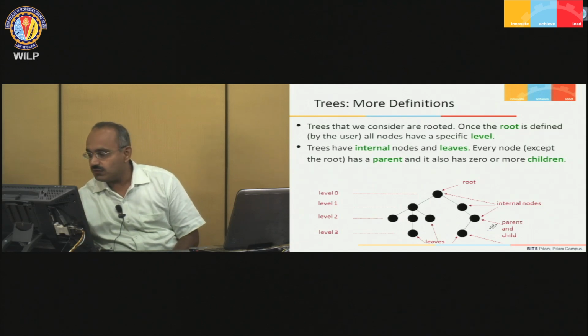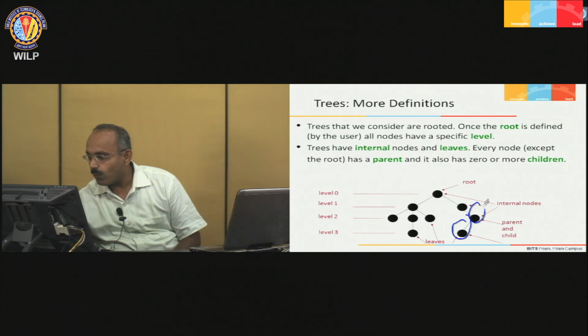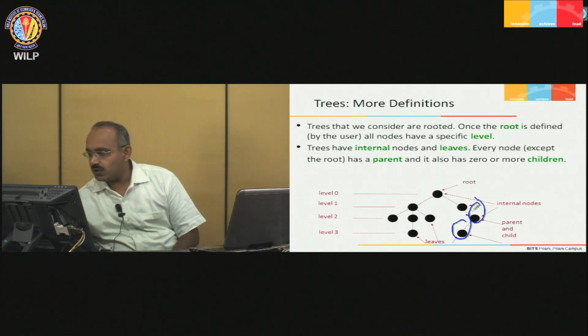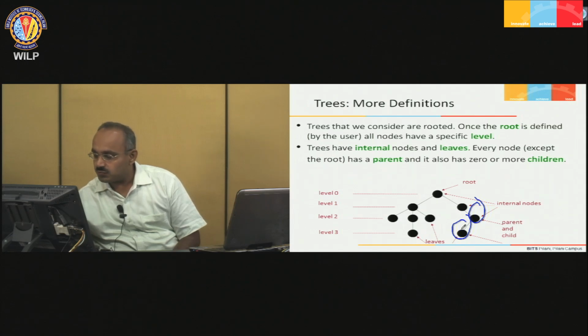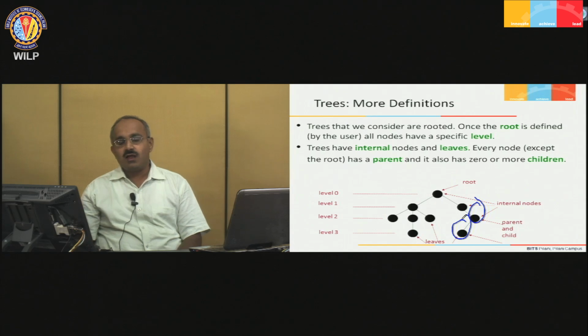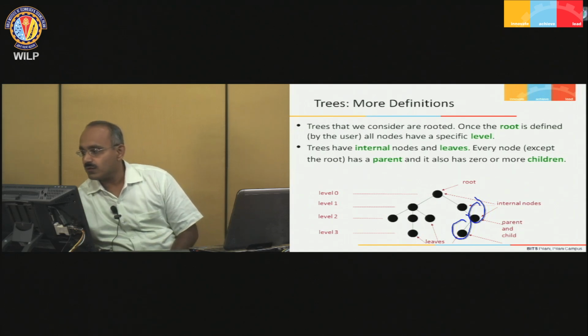All nodes which have such relationships, correct. If I look at these two particular nodes, this is in the representation upper than this particular node, we associate a parent-child relationship, as we would do in a family tree.